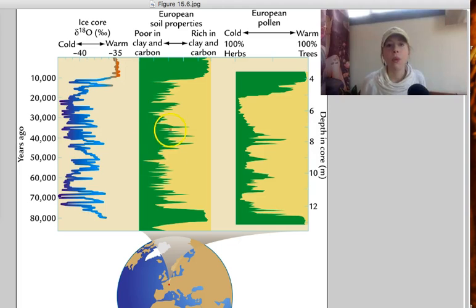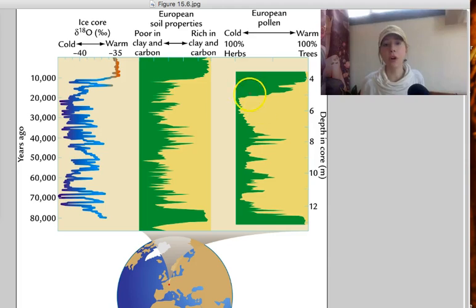And so when you see higher isotope fractionation, so less negative, that corresponds to warmer temperatures. Whereas where you see the more negative fractionation values or isotope ratios, we're looking at colder climate conditions.